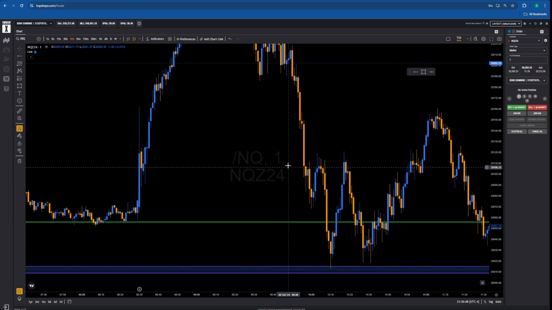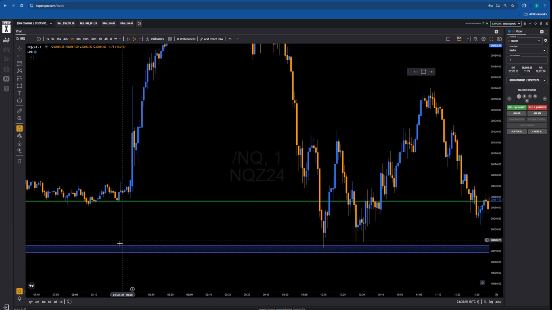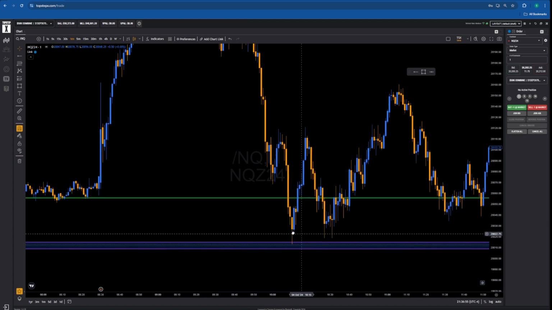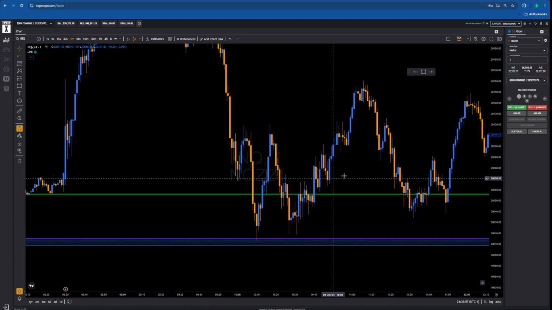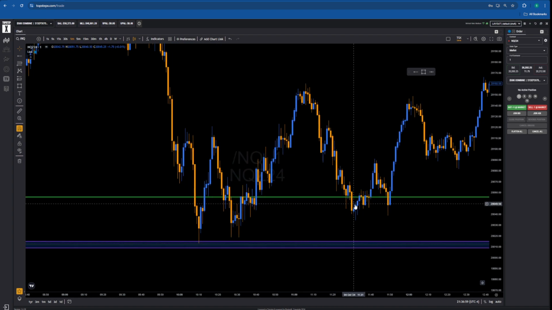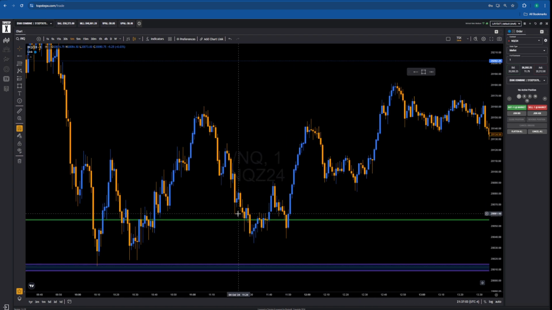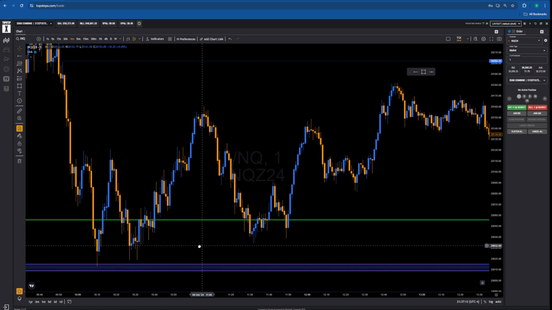When I'm seeing this fall, I'm also looking at these two levels. So you see how beautifully it respected the midnight open and the new day gap, right? It's just reacting there, and unless you see a fair value gap closing and getting respected below these levels, there's no point in going short.